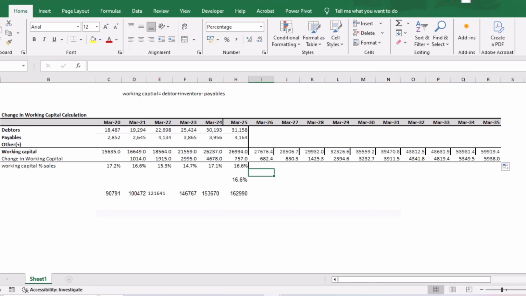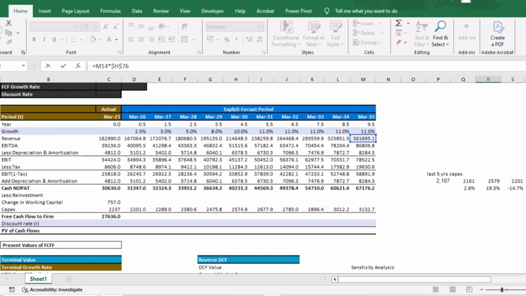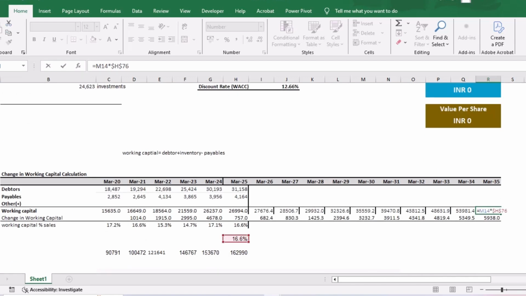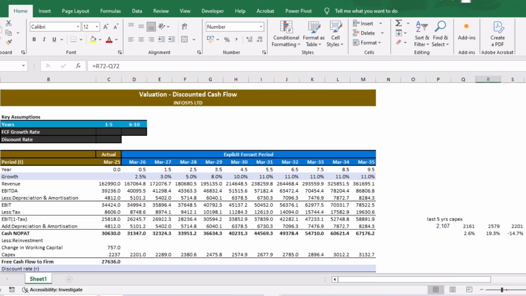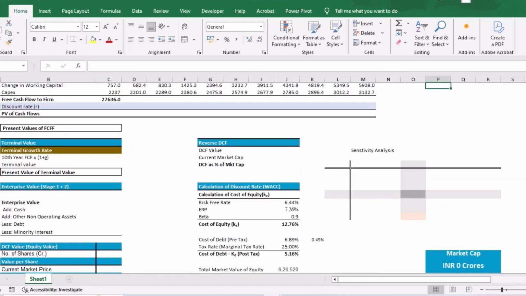Okay, this will be our working capital requirement. Check if it's correct or not. It's perfectly fine. Now you just drag this because we have already linked it to that data and we get those figures.